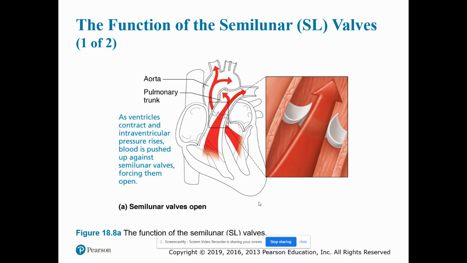All this is saying here is that the ventricles contract. So remember, when the ventricles contract, this AV valve is going to close. But then the semilunar valve is going to open and blood is going to flow through here. And then this other semilunar valve, which we can't see, is going to open and blood is going to flow out there.